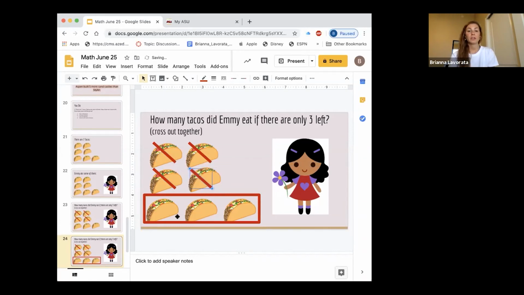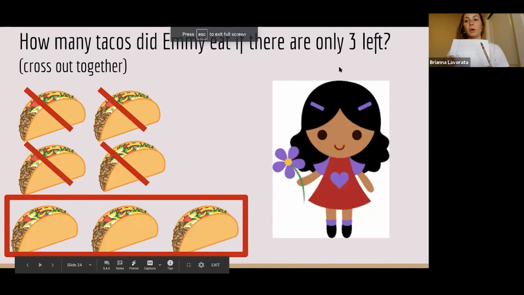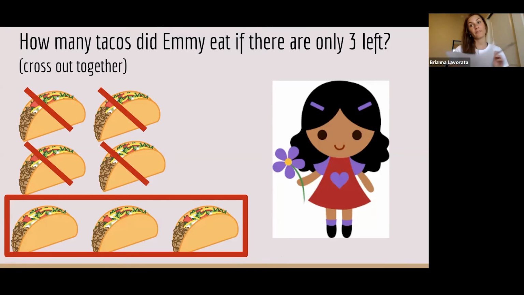So on your paper, you should have something that looks somewhat like this. So on your paper, we started off with 7, but we know Emmy ate 4 of those. So let's cross off 4. 1, 2, 3, 4. Now I'm left with 1, 2, and 3 tacos, just like my picture shown here.